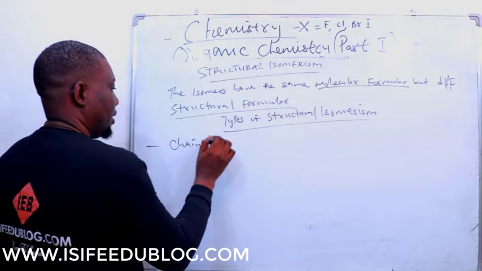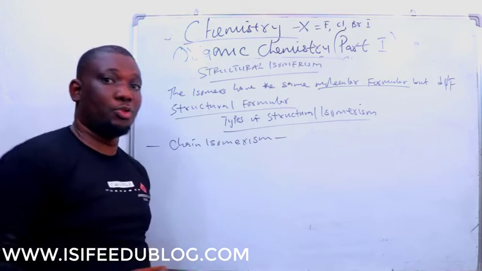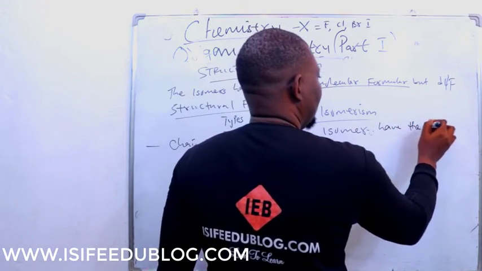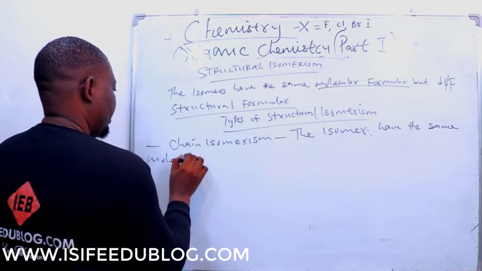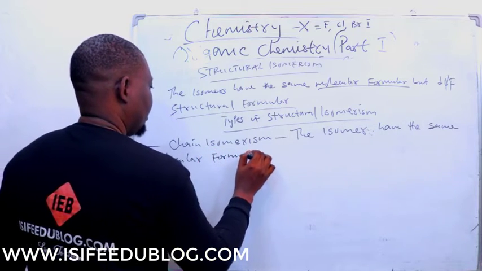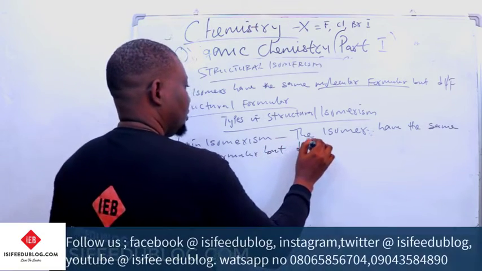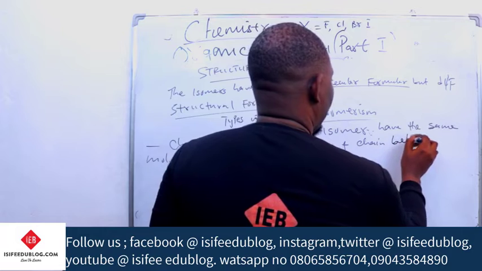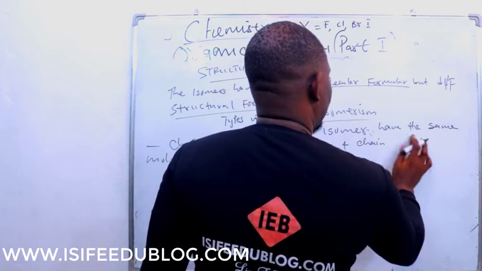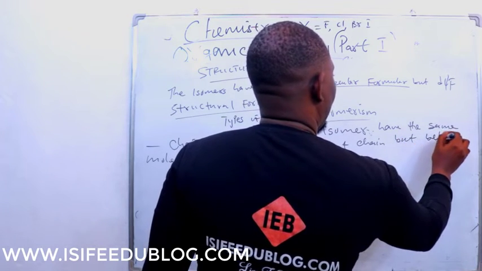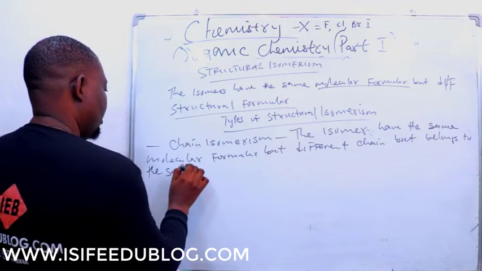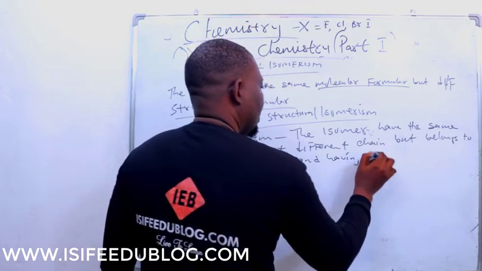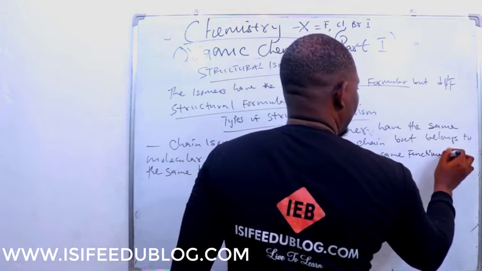One, we have chain isomerism. So in chain isomerism, the isomers have the same molecular formula but different chains, belonging to the same homologous series and having the same functional group.